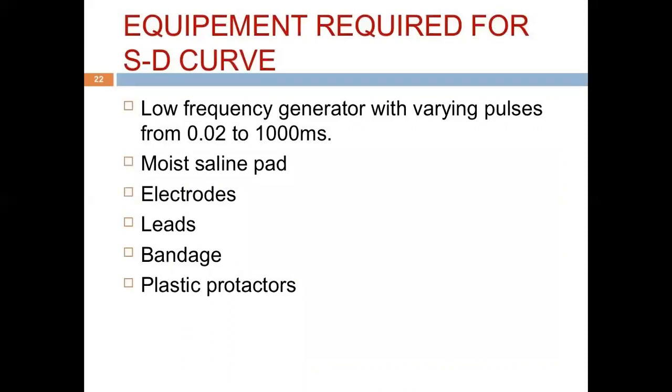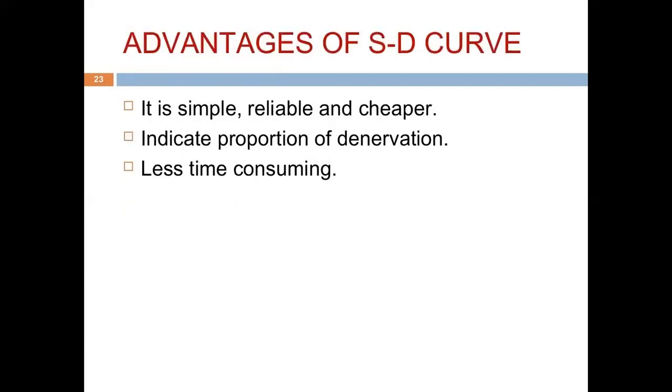Moving on to the equipment required for the SD curve: a low frequency generator with varying pulses from 0.02 to 1000 milliseconds, moist saline pads, electrodes, lint, bandage, and plastic protectors. The advantages of the SD curve: it is simple, reliable, and cheaper.